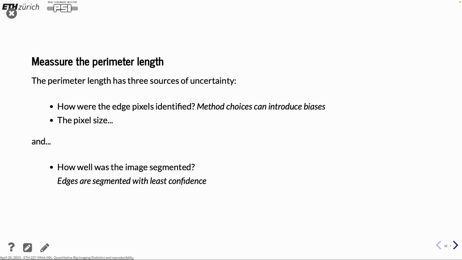So let's next look at measuring perimeter length. And now the question is first, how are the edge pixels actually defined? There are several choices, and that can actually introduce biases into how you measure it. And of course, as I said, the pixel size. And the part of how it's segmented is something I'm going to look into pretty soon.